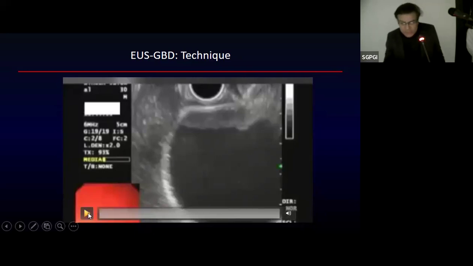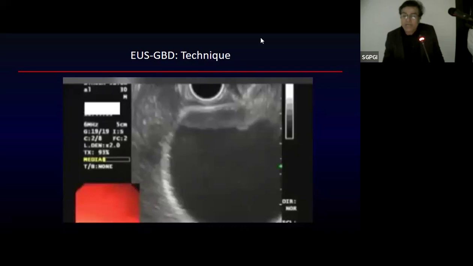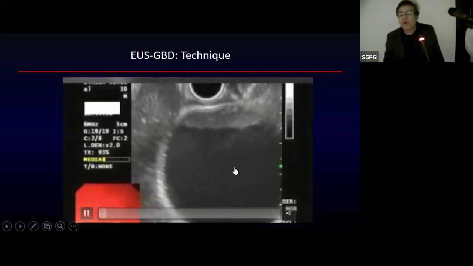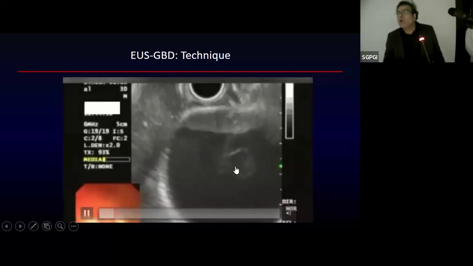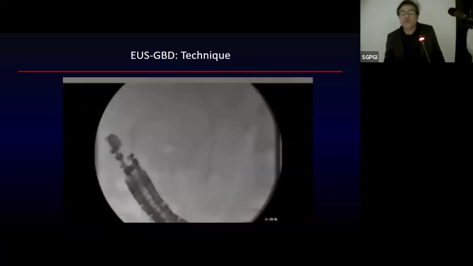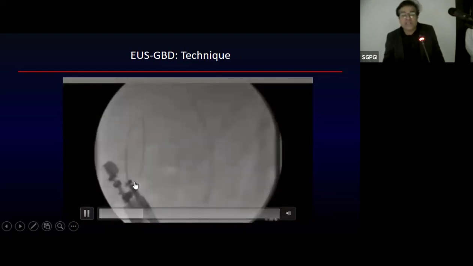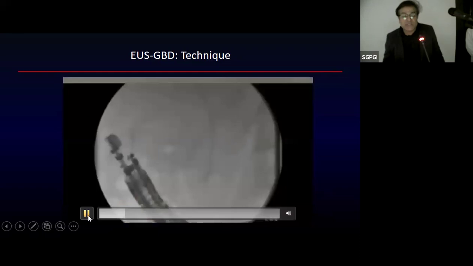If you see this image, we have our scope positioned somewhere in the antrum or in D1, and you can see a distended gallbladder. Normally the gallbladder is very near to the first portion of the duodenum compared to the antrum.